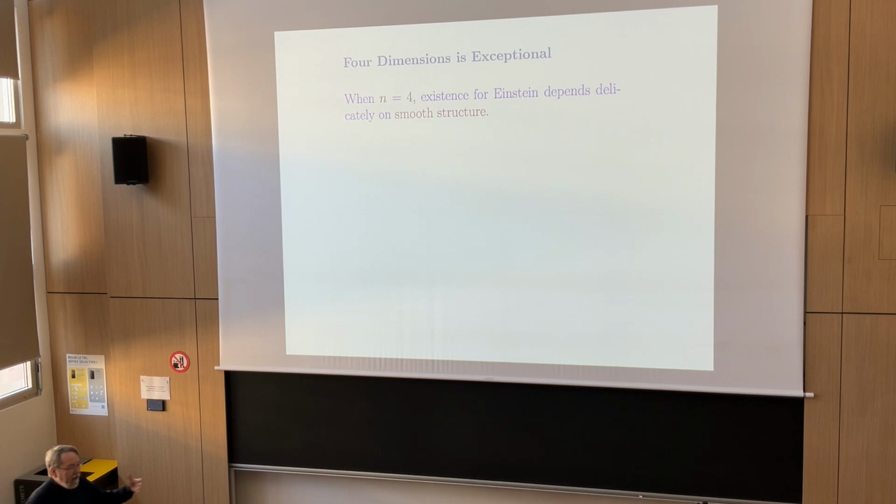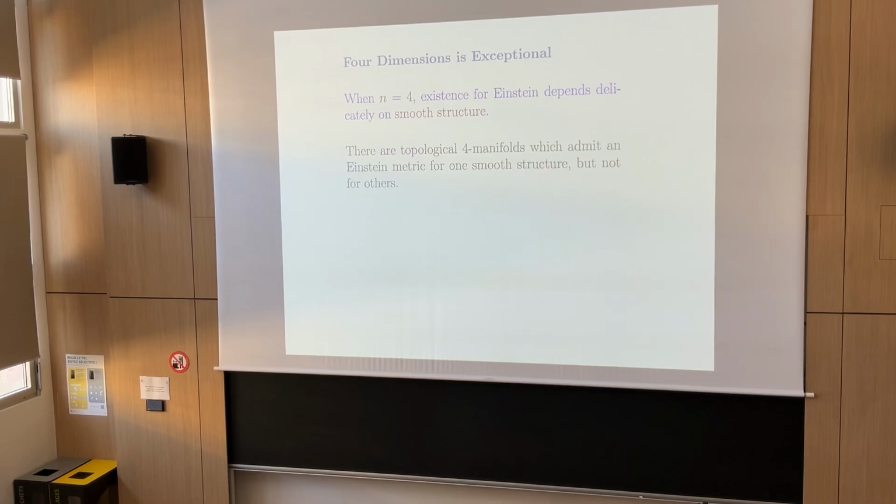But it turns out that in that setting, you always only get a finite number of differential structures on high-dimensional manifolds, whereas in dimension 4, you typically get infinitely many distinct smooth structures, countably many, but infinitely many different smooth structures on a fixed topological manifold. All right, so we'll see that there are topological four-manifolds which admit an Einstein metric for one smooth structure, but not for many others.